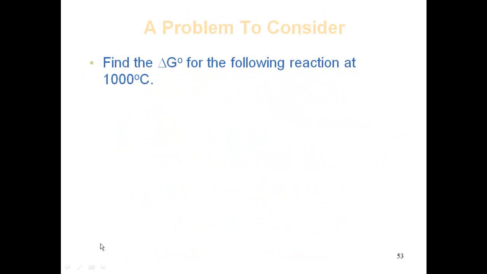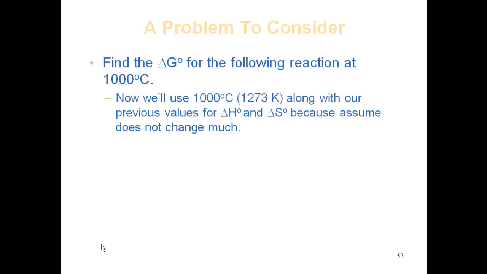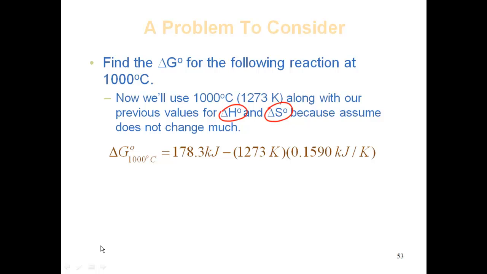So we're going to find delta G for the following reaction at 1,000 degrees C. So we will use our 1,000 degrees C, which is 1273 Kelvin. We will use our delta H and our delta S from 25 degrees because we say it doesn't change very much. So we plug that right into our Gibbs free energy equation, just like we did before. Now I have delta G naught at 1,000 degrees C, so this is one change.